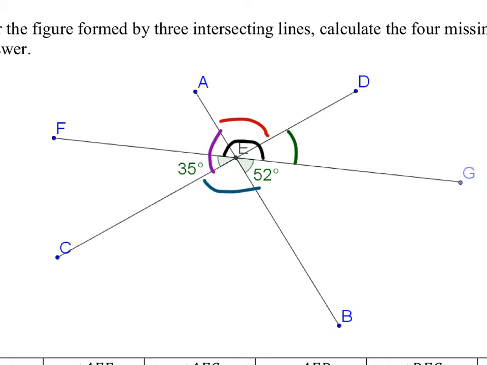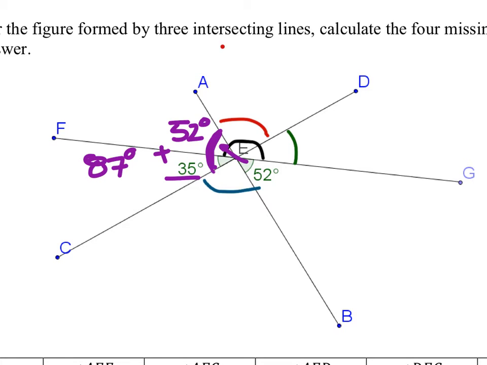For the purple one, first we need to identify that FEA is vertical with this 52 degrees, so this one is 52 degrees. That means this whole angle right here would be 52 plus the 35 degrees, which is 87 degrees. Next up, AED. AED is supplementary with CEF and FEA, or we could just say CEA.